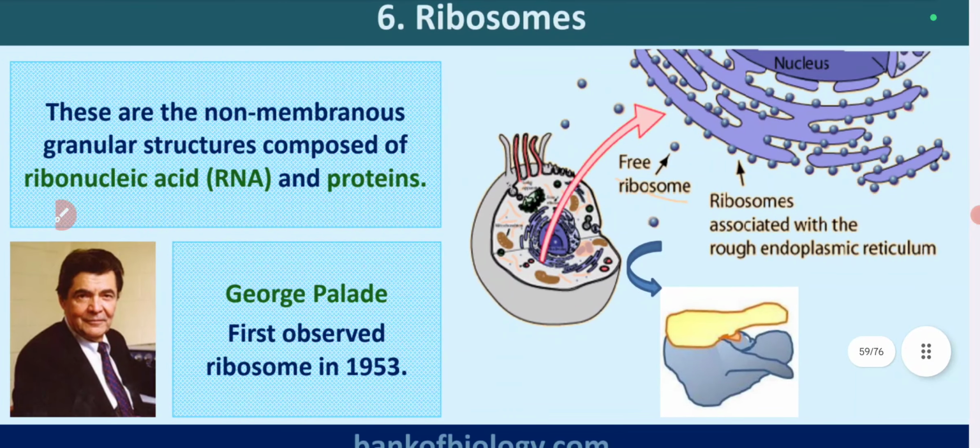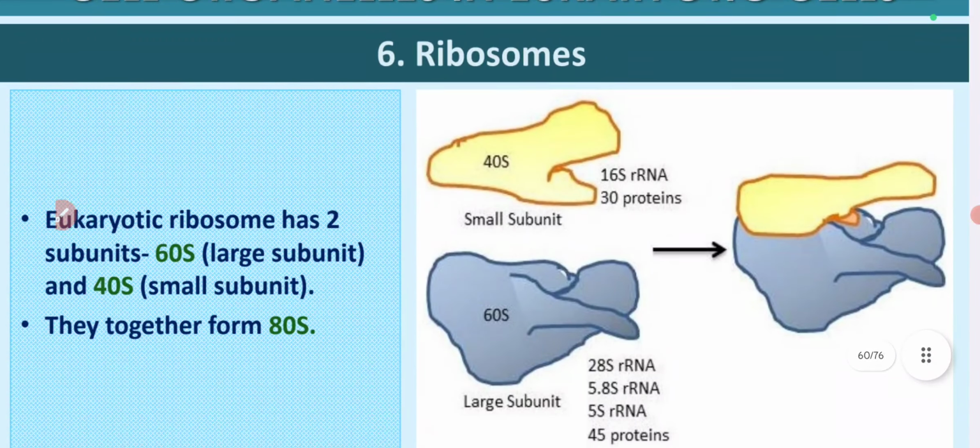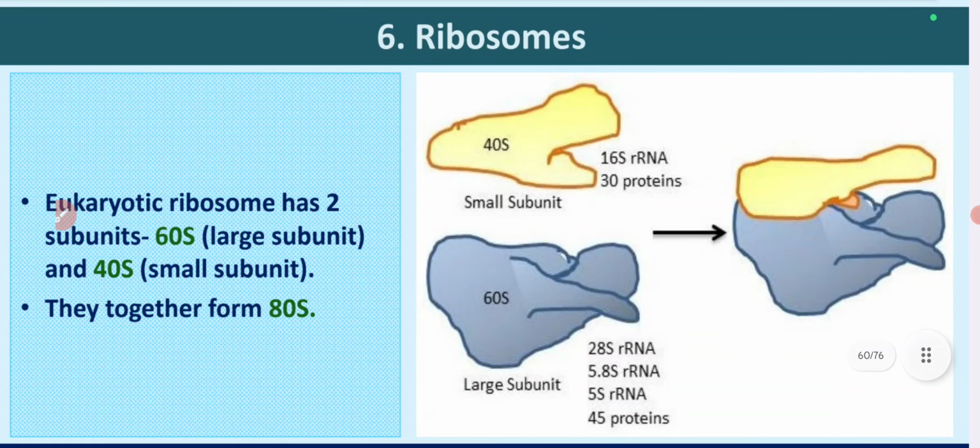Next is ribosome. These are non-membranous granular structures composed of ribonucleic acid and proteins. George Palade first observed the ribosome in 1953. Here you can see ribosomes and ribosome associated to the RER. Eukaryotic ribosome has 2 subunits, 60S, which is a larger subunit, and 40S, which is a smaller subunit.